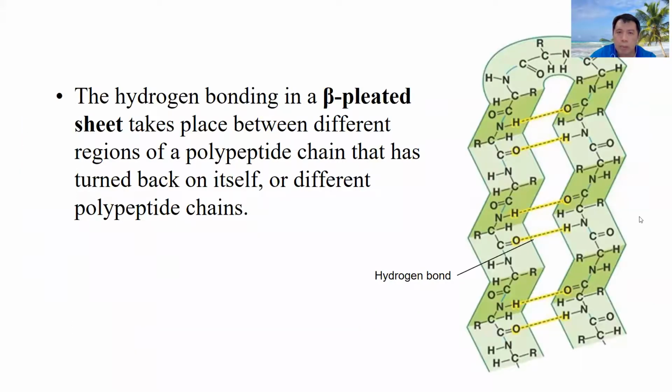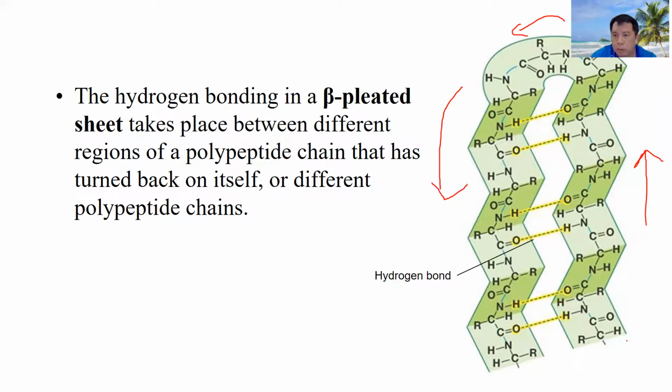Then the other example is the beta pleated sheet. For this beta pleated sheet, they also form hydrogen bonds between the CO and the NH group in the polypeptide backbone. Here N-C-C, N-C-C, so this polypeptide is going this way, and also going this way.